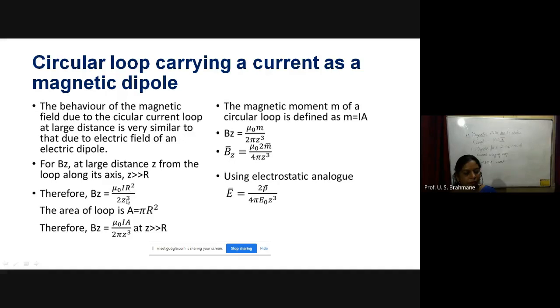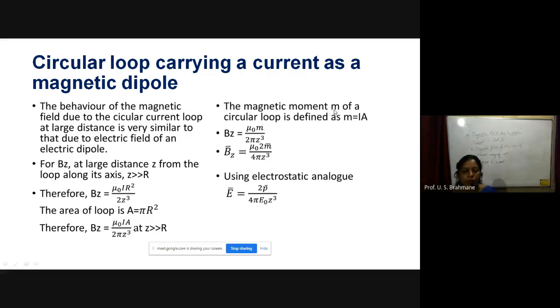You multiply and divide by pi, as if you are not making any change in the equation. So this part becomes A, and below there is pi. But this is at Z very much greater than R.